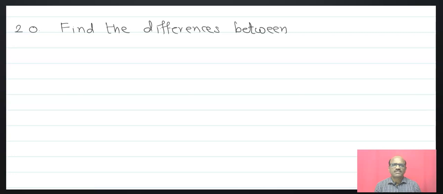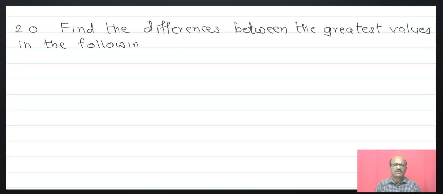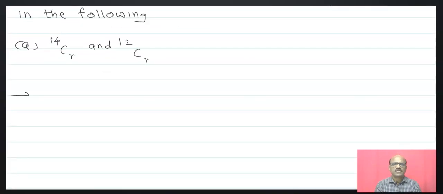Now next, number 20. Find the difference between the greatest values in the following.